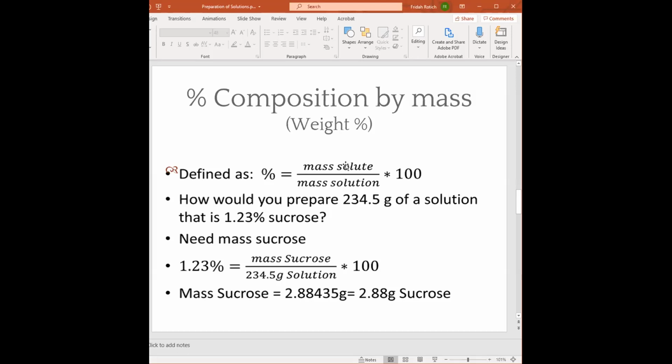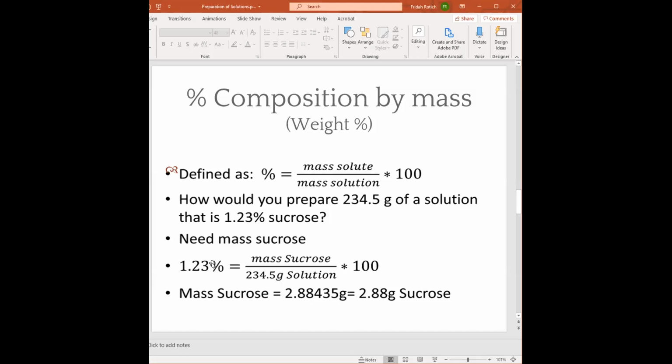and then multiply this by 234.5. So notice that this one does not specify if your mass of solution should be in kilograms or in grams or whatever. But for the sake of having uniform units, you need to have the mass of your solute be in the same units as the mass of the solution so that they can cancel out. So in this case, we can just keep it as grams, and then we will find the mass of our solute in grams at the same time.